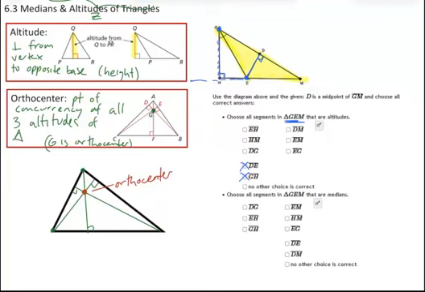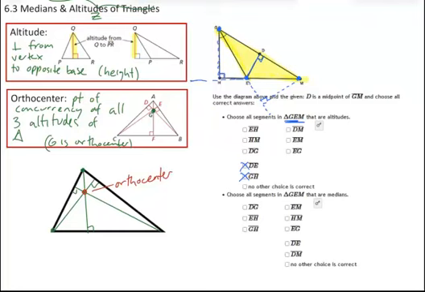And what if we look for point M? To find the altitude of M, we need to extend the opposite base and then find the altitude. Do we have that marked on this? No. So you only have two altitudes shown here. So be careful, and make sure that you look at what triangle is being identified.